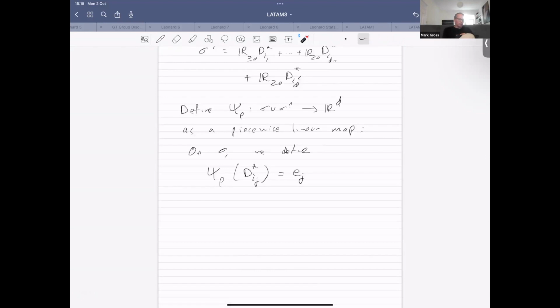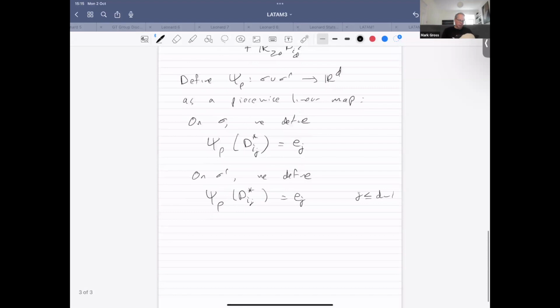Now on sigma prime, since I want a piecewise linear map that should be continuous, we define psi rho of d_ij star, again those will be generators, for j less than or equal to d minus 1, I take this to e_j. That has to be the case to be linear. We've already defined the map psi rho on rho, because rho is a face of sigma.